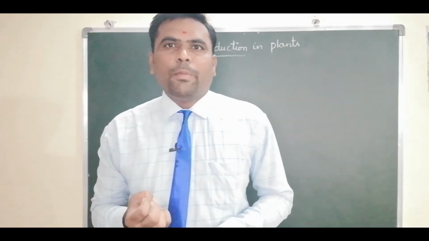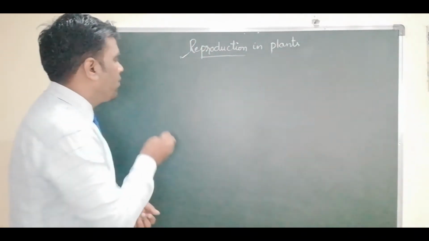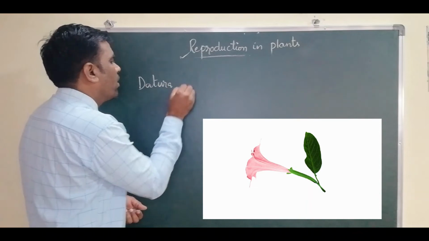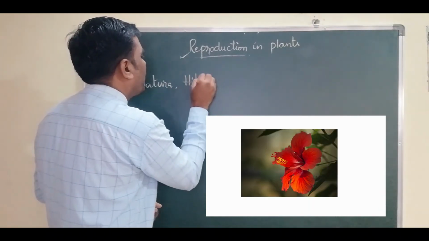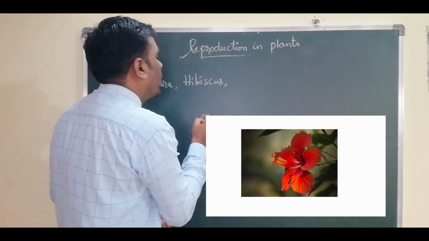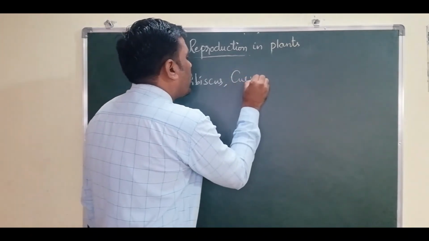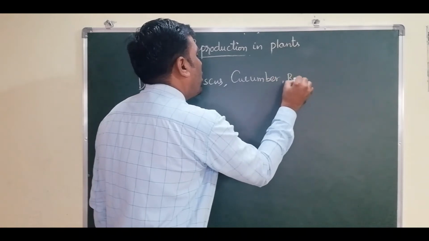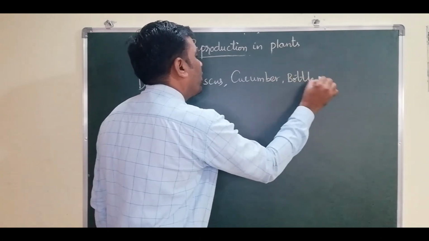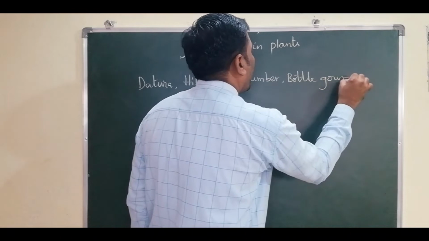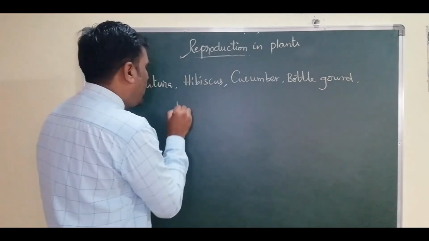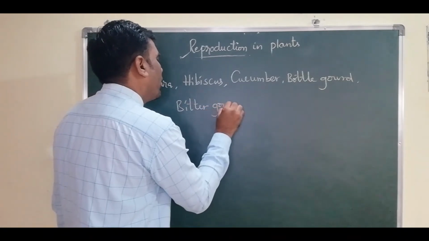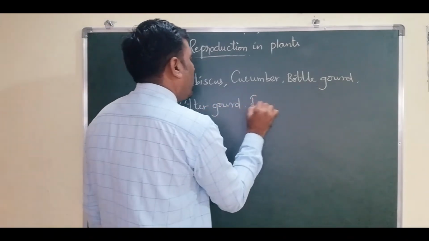Let's collect different types of flowers, for example datura, hibiscus, the flower of the cucumber, bottle gourd, bitter gourd, Ipomoea.